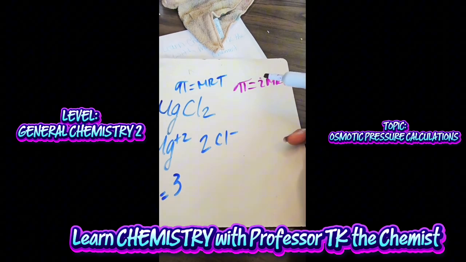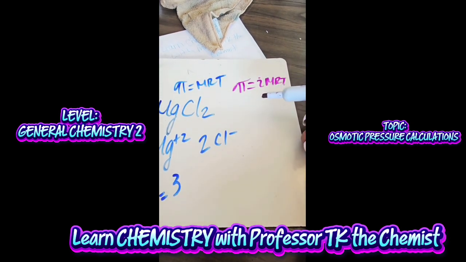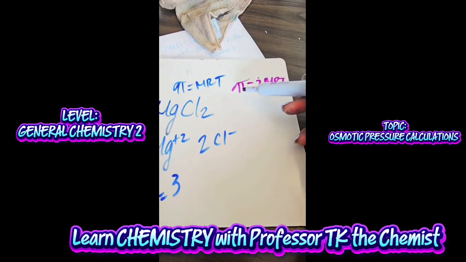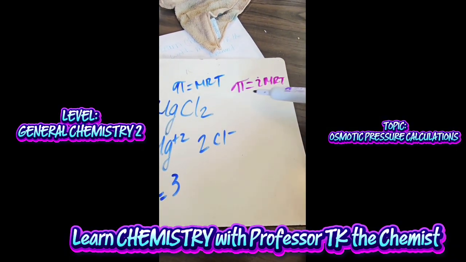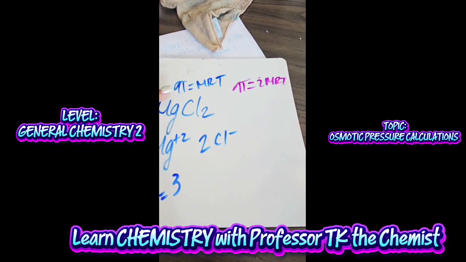So if we're dealing with, let's say, sodium chloride, magnesium chloride, solutions like that, you will have to use purple. But if I give you things that don't dissociate, use the one in blue. So I do have some examples that we're going to go over.